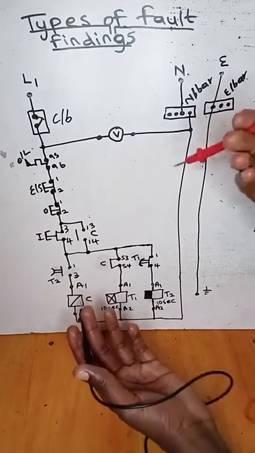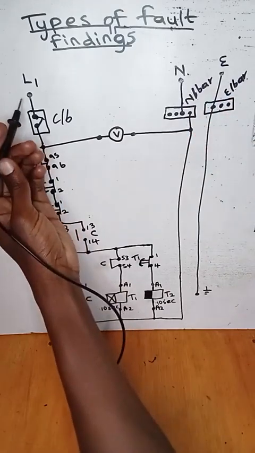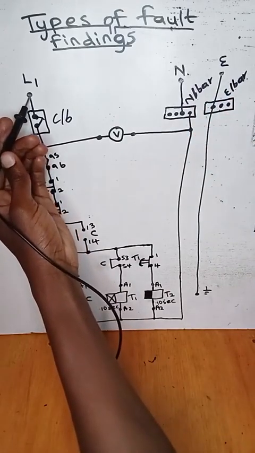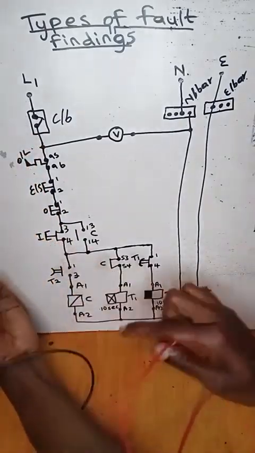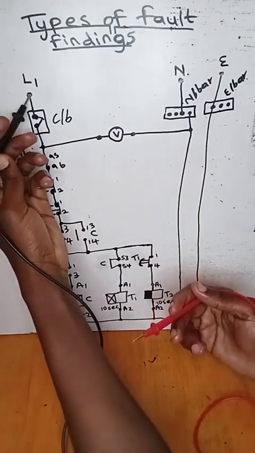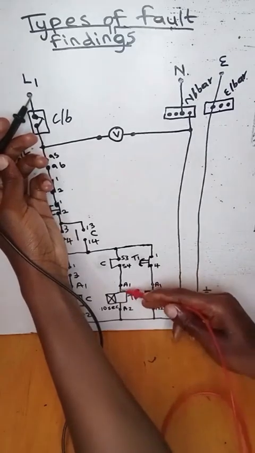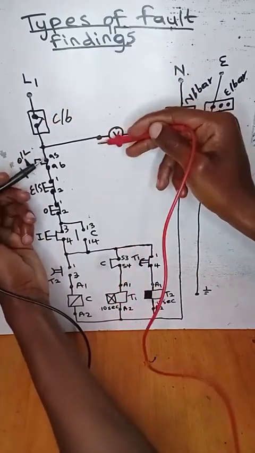So the quickest way is to put the first lead where it starts and put the other where it ends and press the start button, so that it will be easy for you to trace the live wire from where it starts to where it ends, rather than testing the wires one by one.